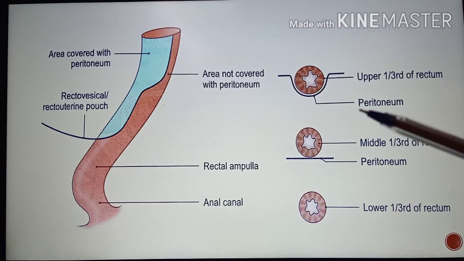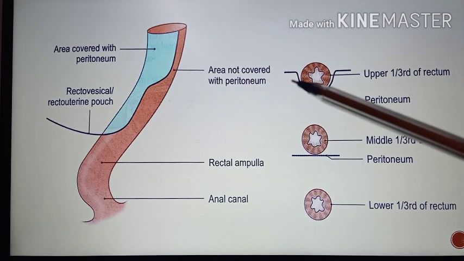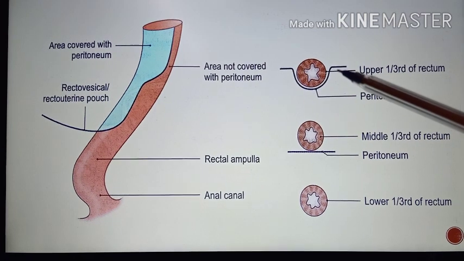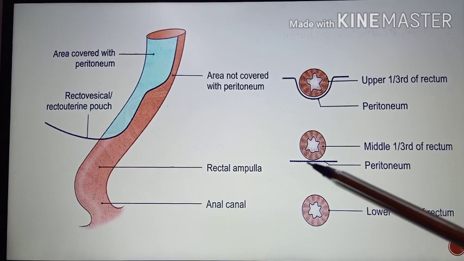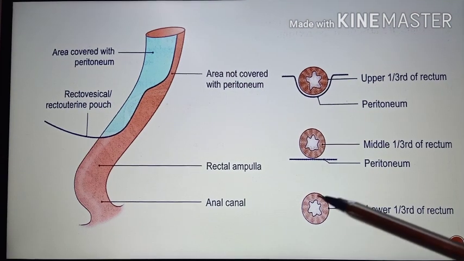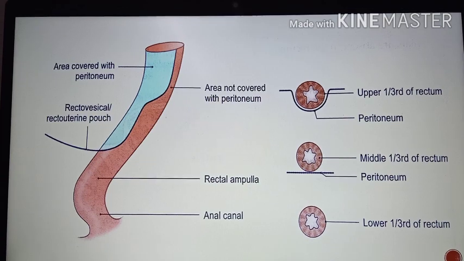So here also you can see, in the upper 1/3, in the front as well as in the sides, it is covered by peritoneum. In the middle 1/3 only in the front, whereas in the lower 1/3 it is devoid of peritoneum.